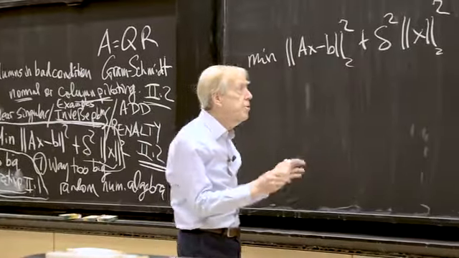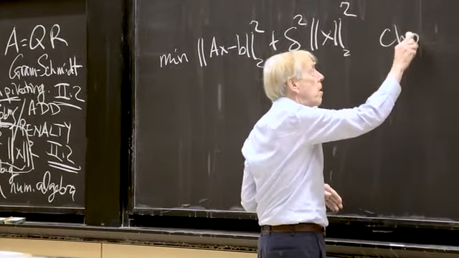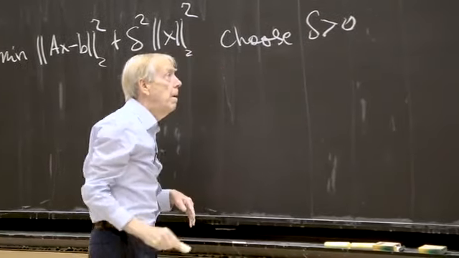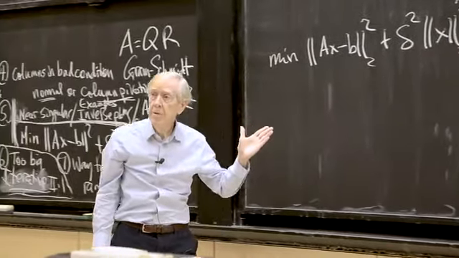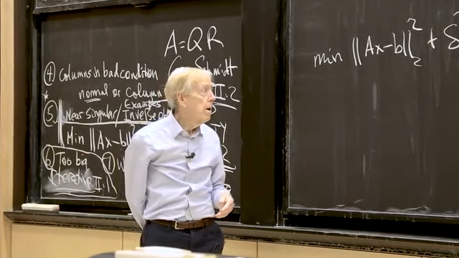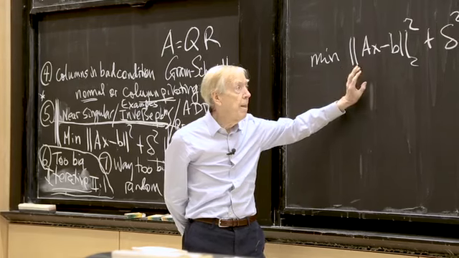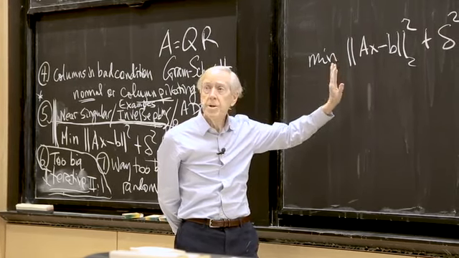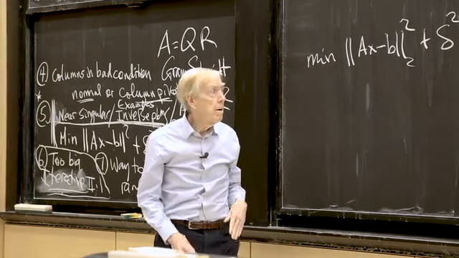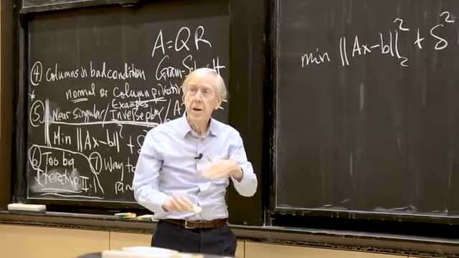I have to choose a positive delta. And when I choose a positive delta, then I have a solvable problem. Even if A goes to 0 or does crazy things, this is going to keep me away from singular.